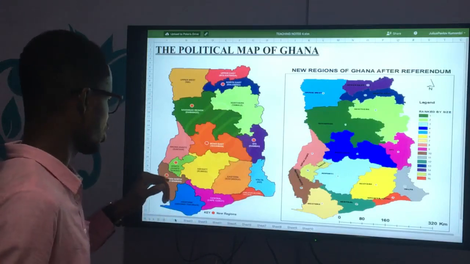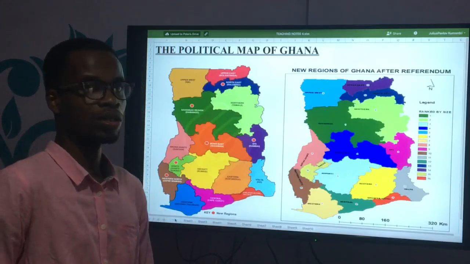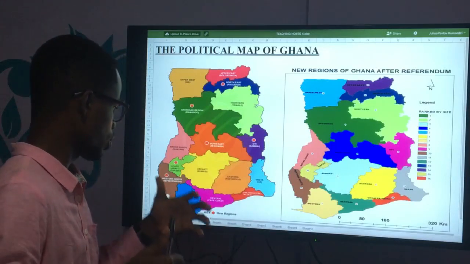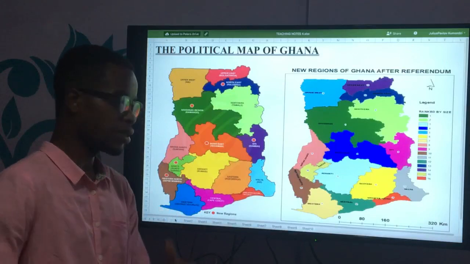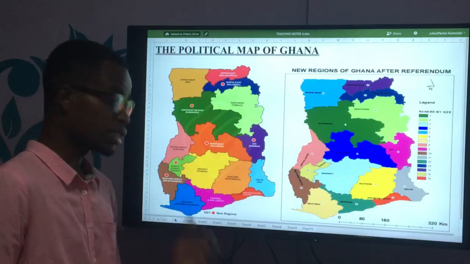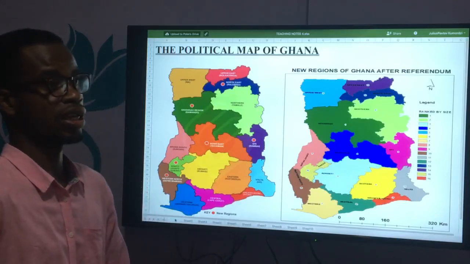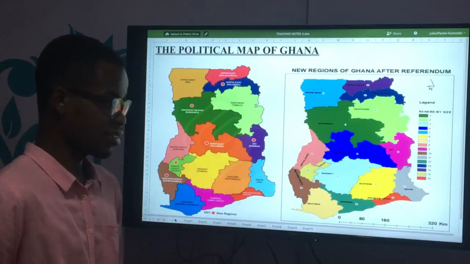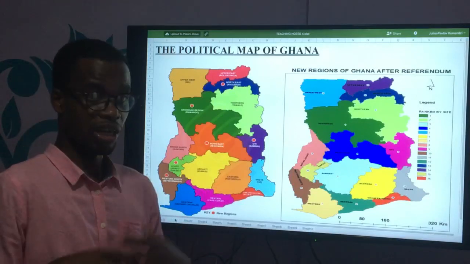So we have the Western North with its capital Sefwi Wiawso. So then we still have the Western region, normal Western region there with its capital Sekondi-Takoradi, the Twin City. So Kumasi is the Garden City, Accra the Millennium City.